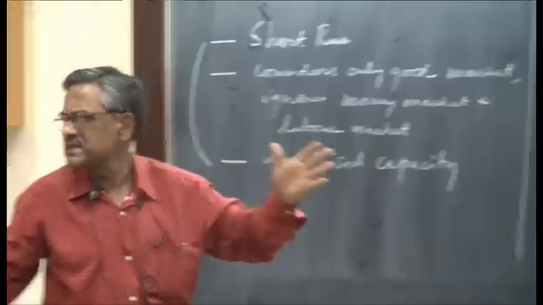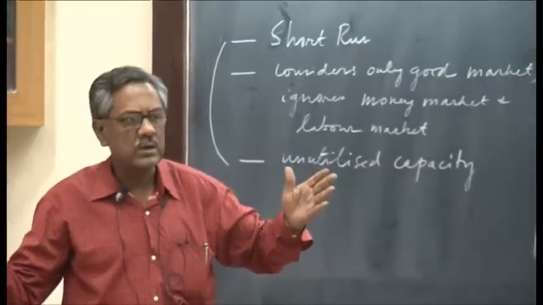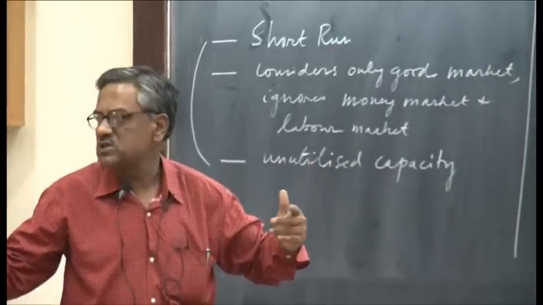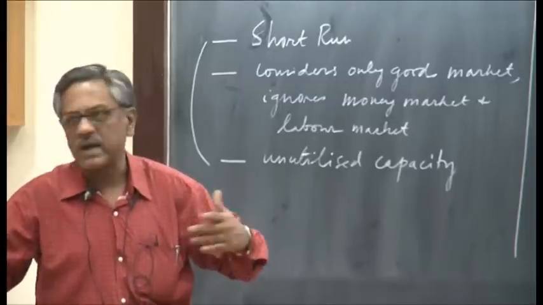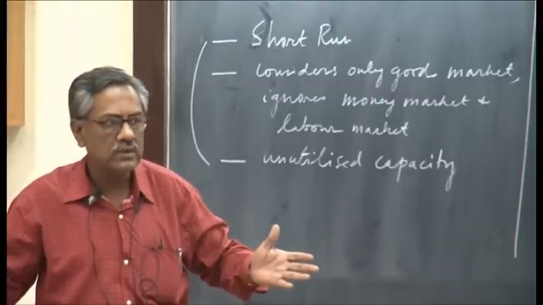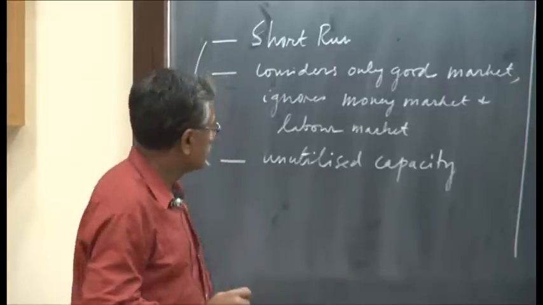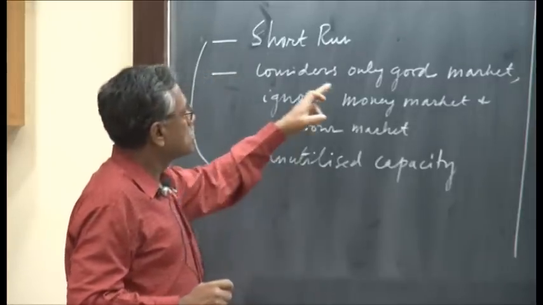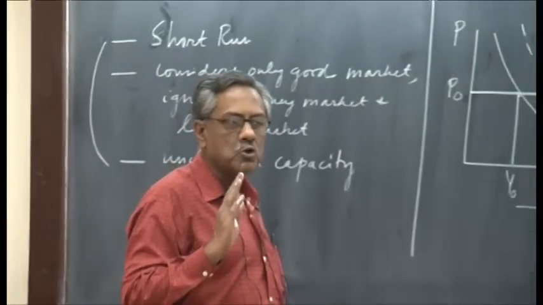That means there must be excess labor waiting to be employed. As soon as companies are asked to produce more, they would just hire them and produce. There is no wage increase. There is no price increase in the economy in the short run. All you require is to produce and meet the demand. All right. So we would consider only the goods market, and we have to model, therefore, only the goods market.